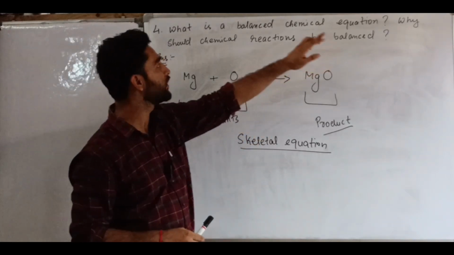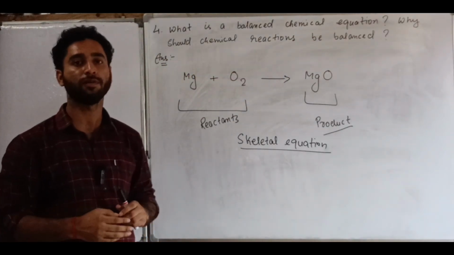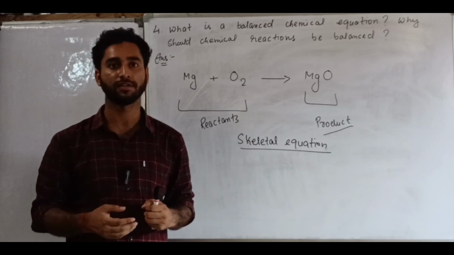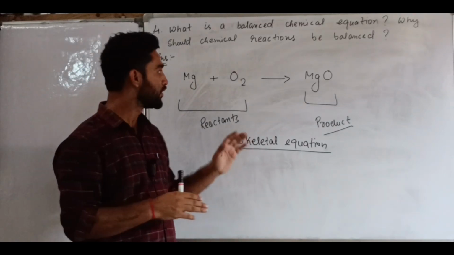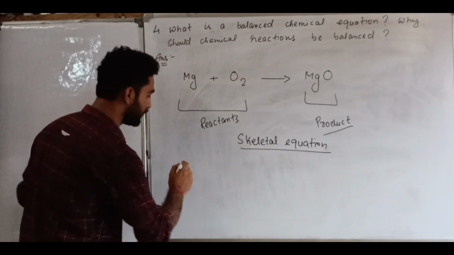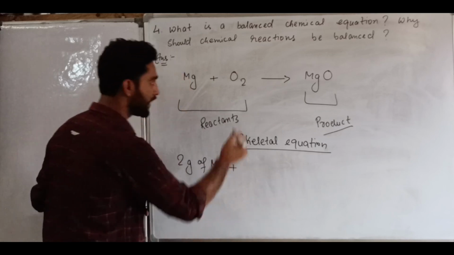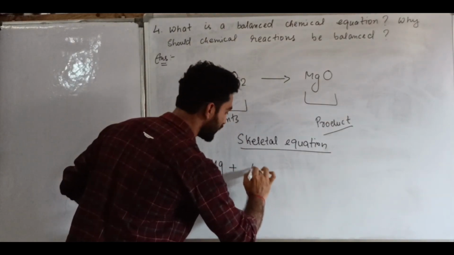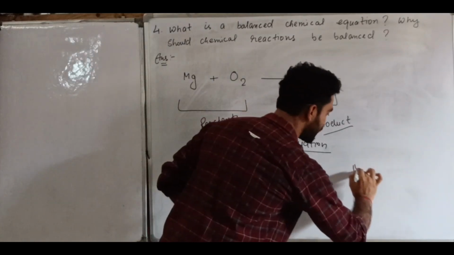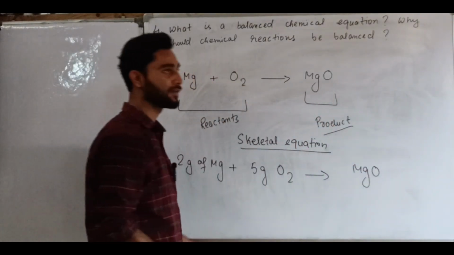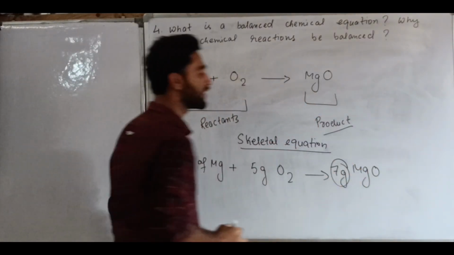Now the next part of the question, why should we balance the chemical equations? So from the law of conservation of mass, we know that mass can neither be created nor be destroyed in a chemical reaction. For example, in this reaction, if I take 2 gram of magnesium and it is reacted with 5 gram of oxygen, then I will get the product magnesium oxide, and the mass of the magnesium oxide will be 7 gram.